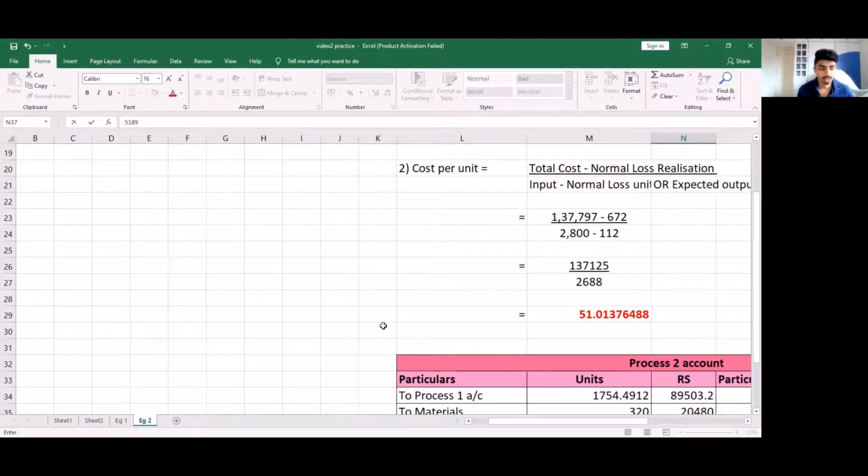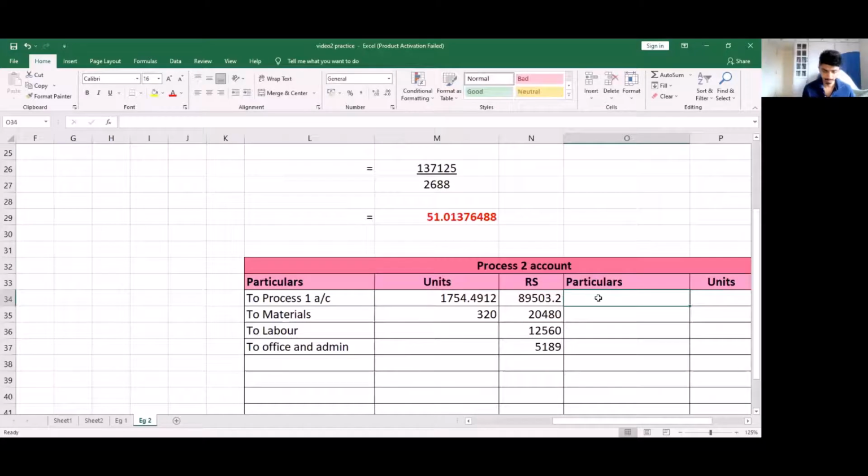Now, the normal loss is also going to be 4% in this case. So this time it will be 4% of the sum of both of these. So we need to remember, when we are calculating 4%, it is going to be 4% on the sum of both these values.